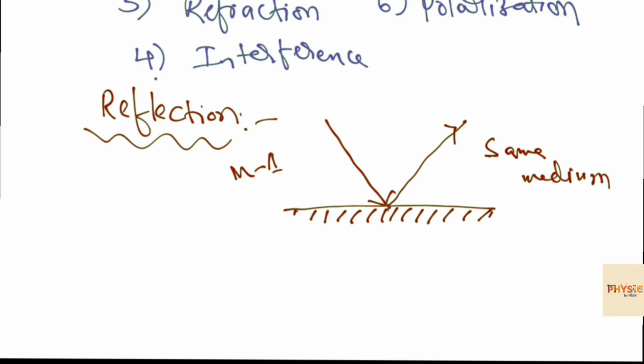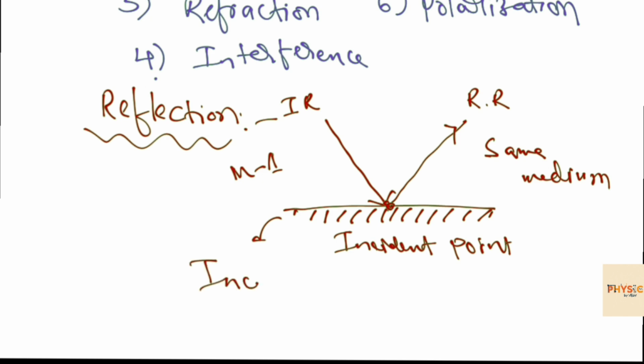The incident ray is known as incident ray, and the reflected ray is known as reflected ray. The point is called the point of incidence, and the surface is called the incident surface.